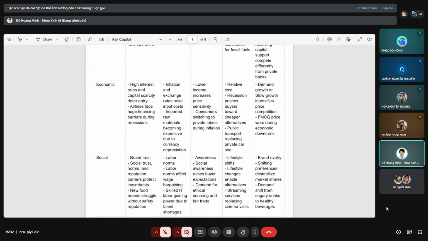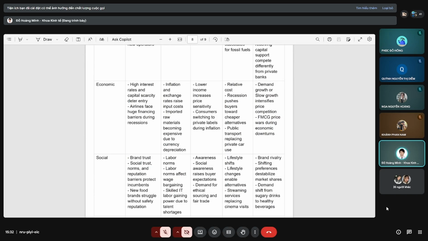If there is input inflation, it can strengthen the supplier. Currency depreciation will increase the import cost if the exchange rates increase.